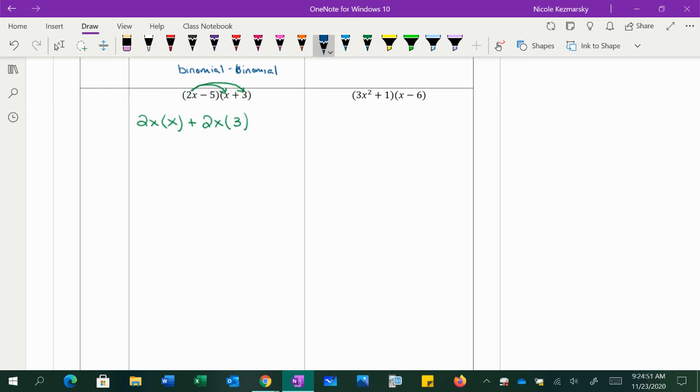And then I'm going to do the same thing, but with the -5. So I'm going to distribute the -5 to both terms in the second set of parentheses. So I'm doing 2 distributive properties. And that gives me plus -5 times x plus -5 times 3.